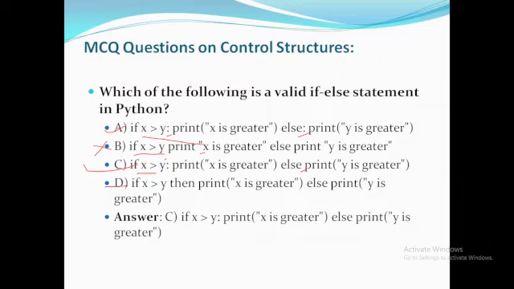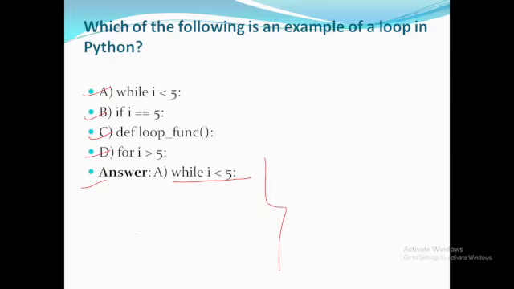Now this is a control structure. This kind of question will come when you solve if and if else. We use if else when we have multiple conditions, and when we have to do nesting of the queries. Example of a loop in Python, what will be the example?